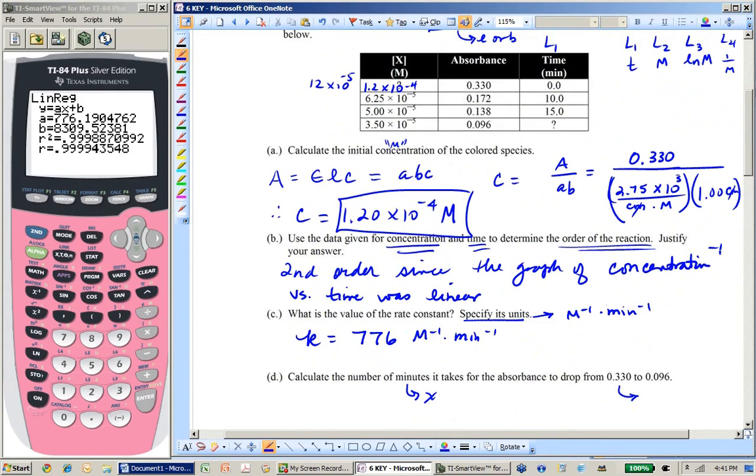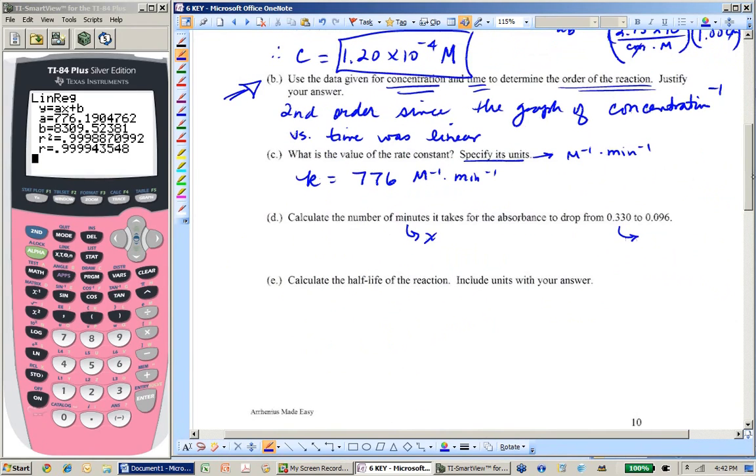Well, my 0.096 corresponds to a molarity. Remember, back up here, I was told to use concentration units. So really, they're trying to get me to give them the time when that happens and subtract from 0.33. Oh, that's all the way up here. So essentially all they're asking me for is to fill in that last question mark.